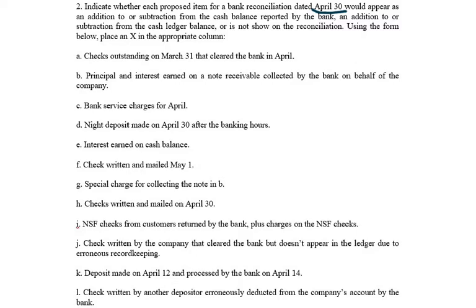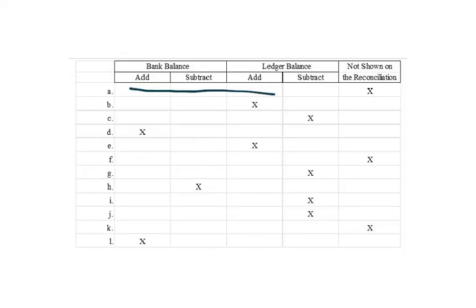And again, your usual choices are going to be, it's either going to be added or subtracted from the bank balance, added or subtracted from the ledger balance, whatever the company's cash balance is, and then the other alternative is it's not shown at all in the reconciliation. So that's what I gave you here, these 5 possibilities right there.